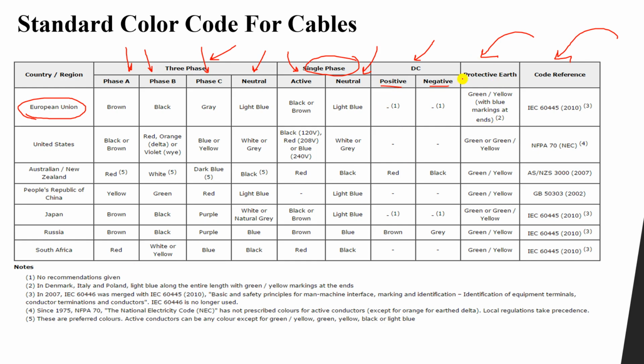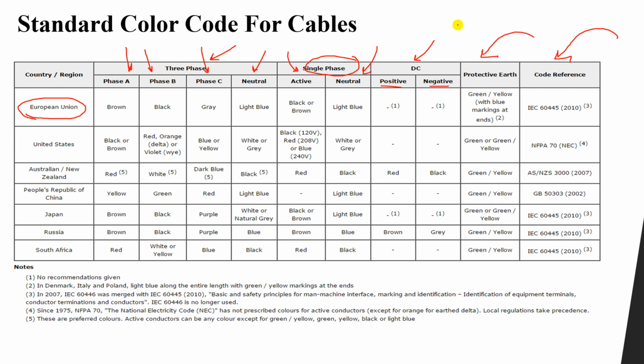Okay, and for the protective earth, most likely in all of these different regions, you can see European Union, United States, Australia, China, Japan, Russia, South Africa, all of these, you will find that the protective earth is almost similar, green yellow.